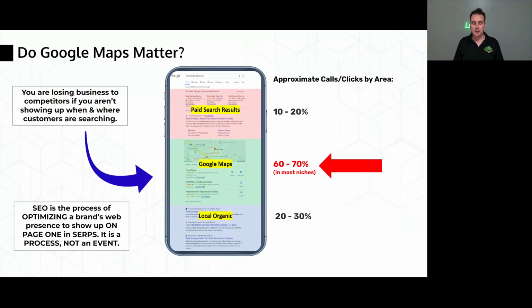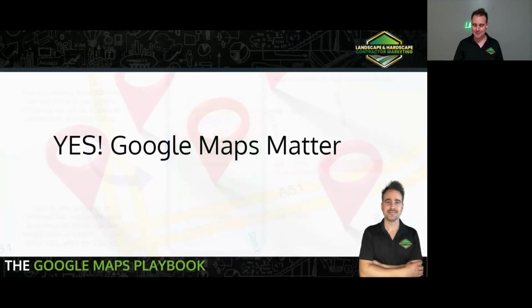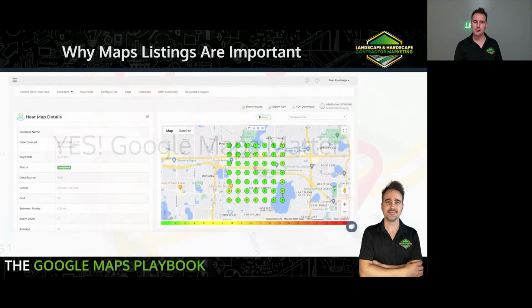So if they're spending the time to do that, we're going to present things in the best way possible. So to answer the question, Google Maps, absolutely, they do matter just on those numbers alone.